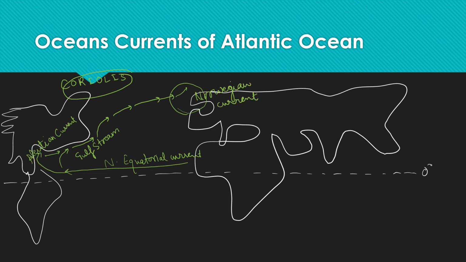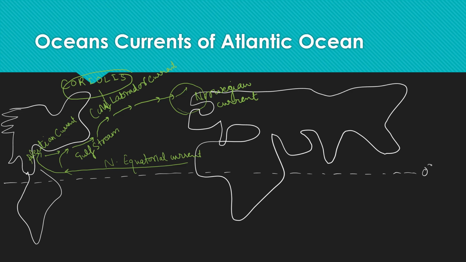We also have a current which is coming from the upward direction, and that is the Labrador current, from this direction. It is a cold current. But the North Equatorial Current, Gulf Stream, and Aleutian Current are all warmer. The current which is going from the equatorial side is always warmer.